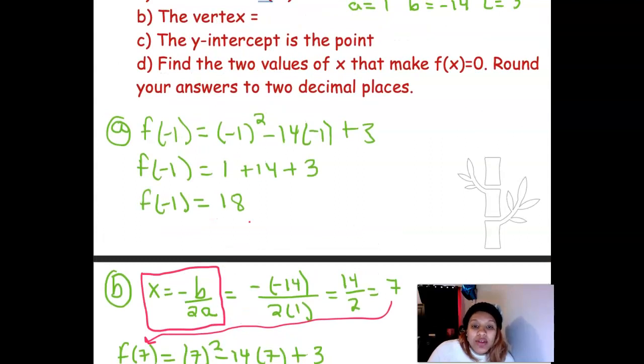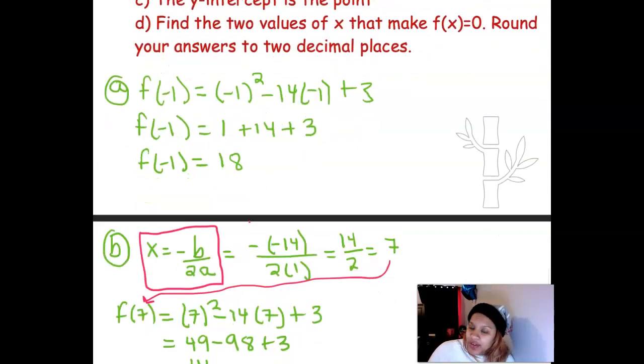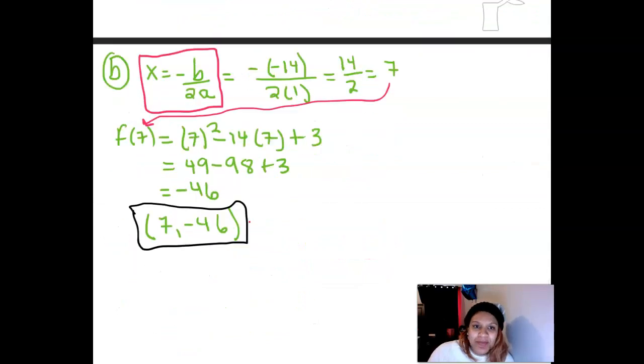The y-intercept is the point. Oh, this is an easy one. You're going to like this one. So part C is the y-intercept. We have the function f of x equals x squared minus 14x plus 3.